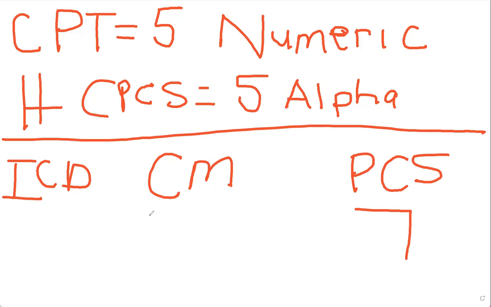Then we have ICD-10-CM. How many characters are the ICD-10-CM codes? Six. So they're anywhere from 3 to 7. And there's something else that ICD-10-CM codes have as a distinguishing characteristic.